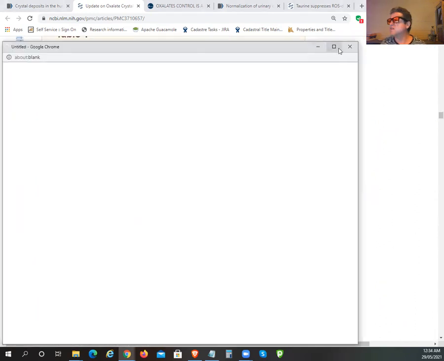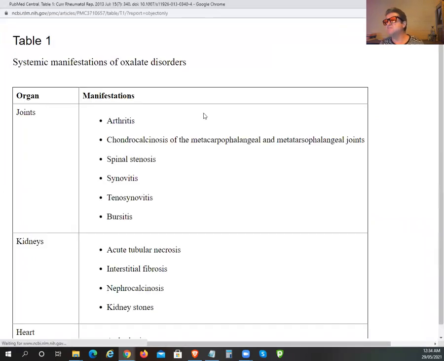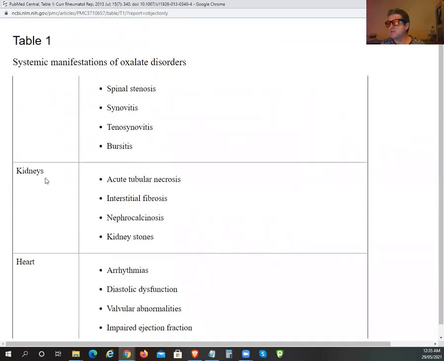These are the sort of tissues that usually get affected. So when we're looking at oxalate disorders: arthritis, joints, spinal, different tissue in regards to the sort of areas.